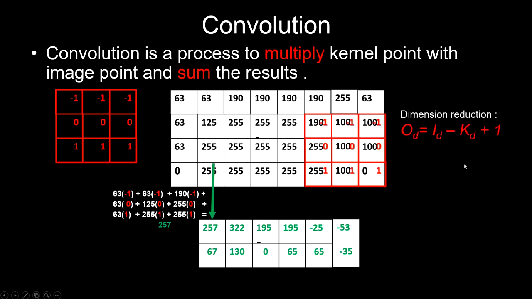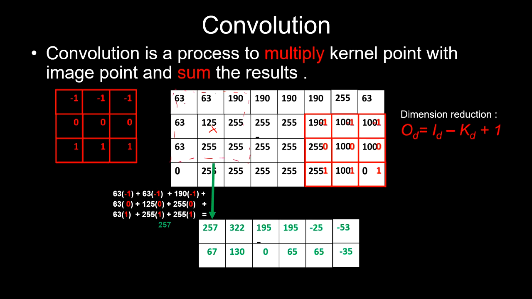One thing regarding the convolutional process: once you perform it, you'll notice that your output image dimension is slightly reduced. This is because, for this type of kernel, the convolution can only be performed starting from this part, where it covers the whole area of the image.